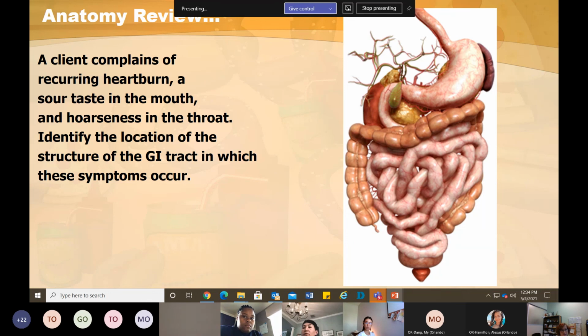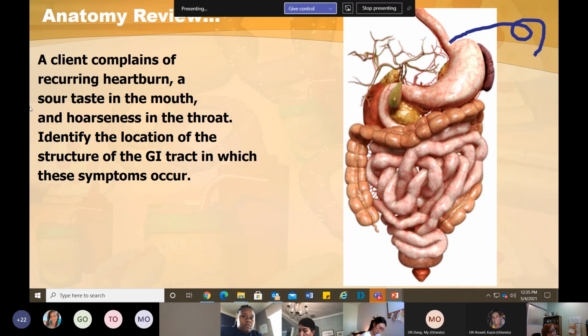If you had a pen, where would you mark it? Your esophagus. Okay, let's look. Yeah, see right there. Very good. It's right as it comes out of the stomach, right?